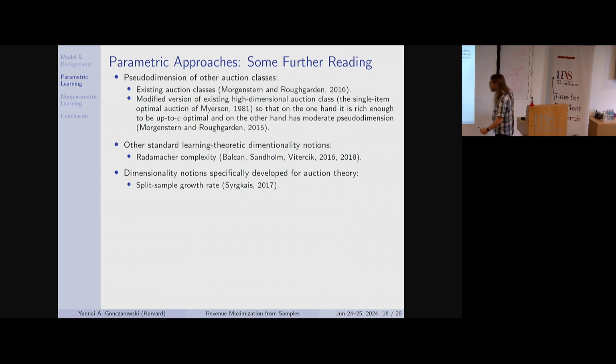There are even dimensionality notions specifically developed to be convenient for analyzing auctions. So there's what Vasilis Syrgkanis called the split sample growth rate, a new learning theoretic dimensionality notion that gives you very good guarantees specifically for auctions.